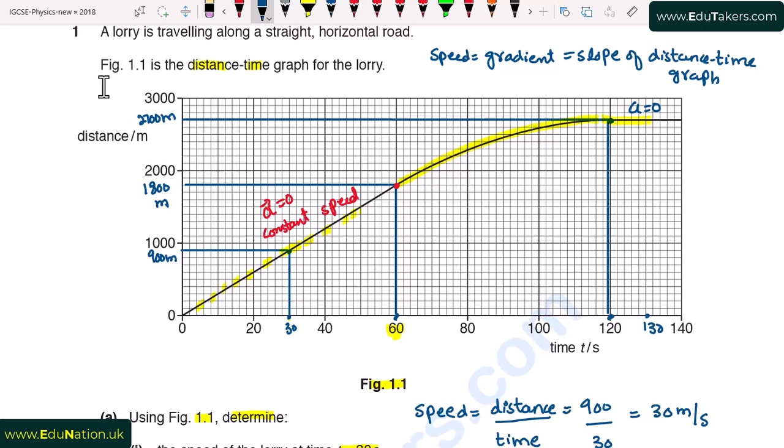So from 60 seconds to 120 seconds we can see here the lorry is slowing down, means that it is decelerating. So we can simply say that the lorry had decelerated to stop because from 120 to 130 seconds it stops. It becomes stationary.